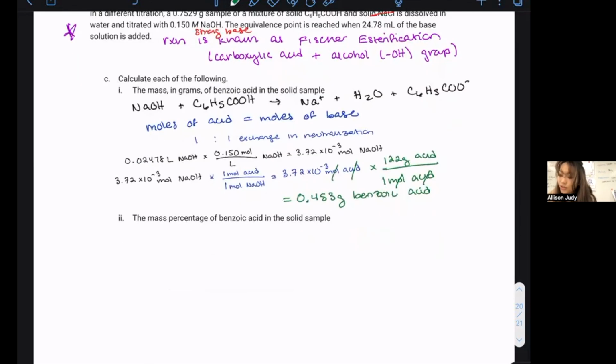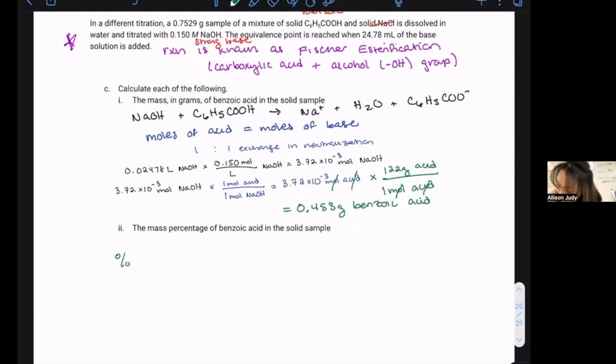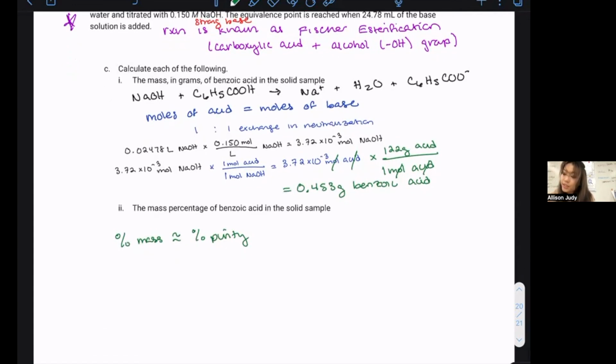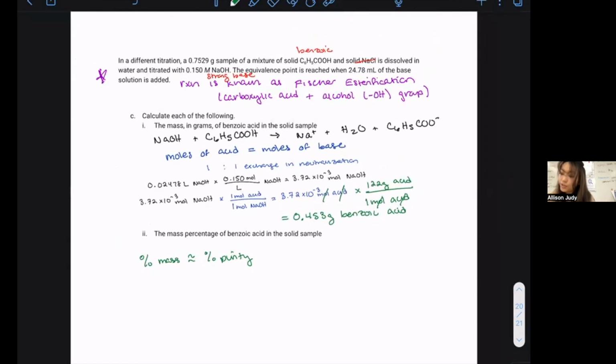So now the next question is, what's the mass percentage of benzoic acid in the solid sample? Mass percentage is similar to mass purity. What was the actual amount of pure benzoic acid in the sample that I was given, which was a mixture of benzoic acid and salt? Here is where you actually do care about salt, because the salt is not reacting, but it is taking up a portion of your sample mixture.